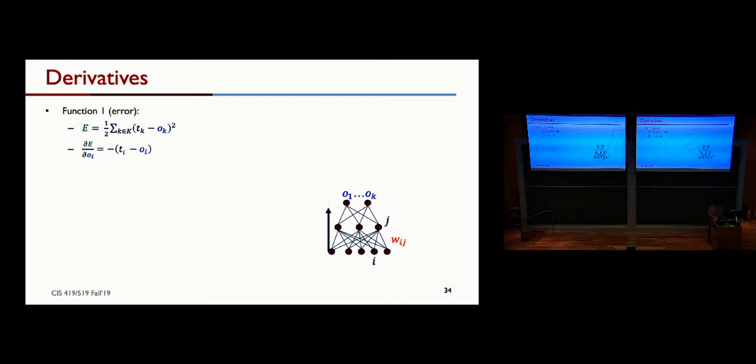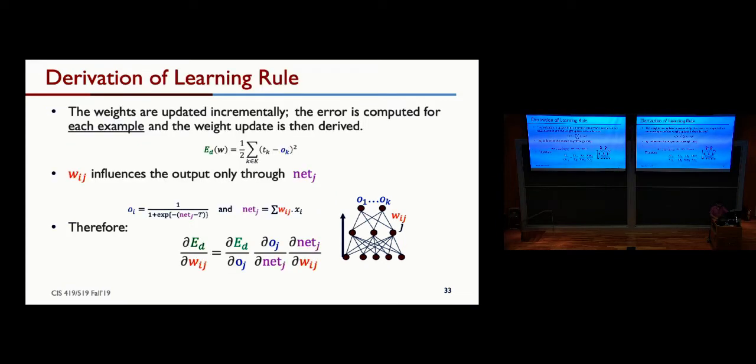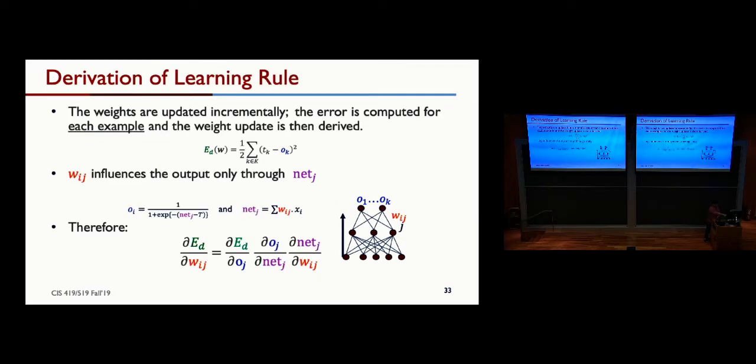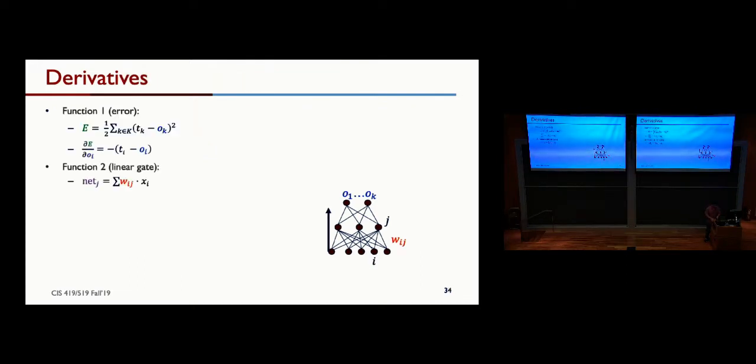Okay. Let's look at the other function that we wanted to look at, the gradient of oj with respect to net j, where that tells you what this is, the sigmoid function. We're first looking at the last term over here, net j by wij, where net j is just a linear sum of the inputs with respect to wij.